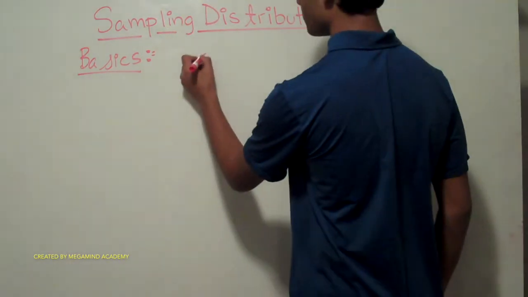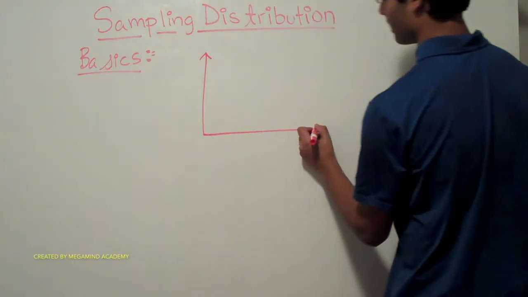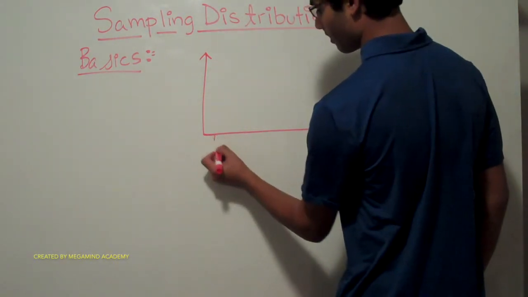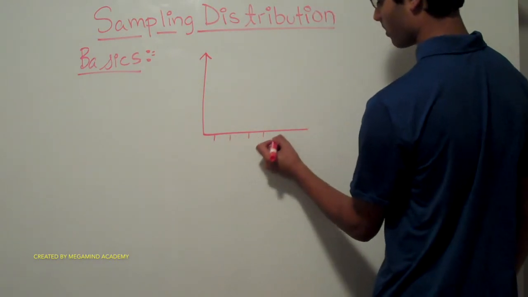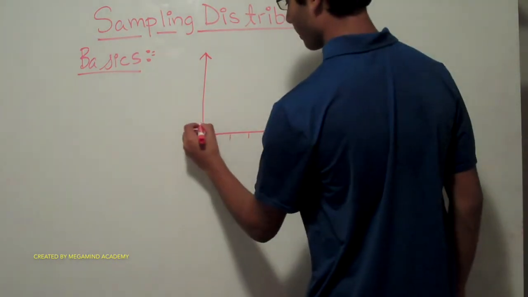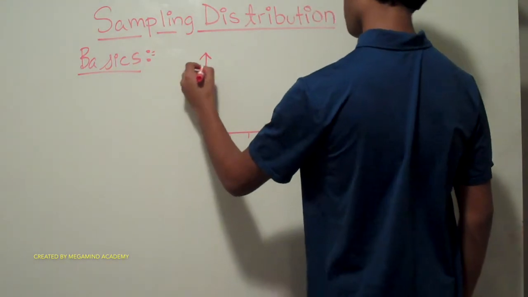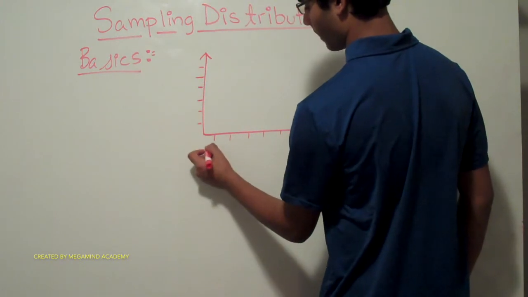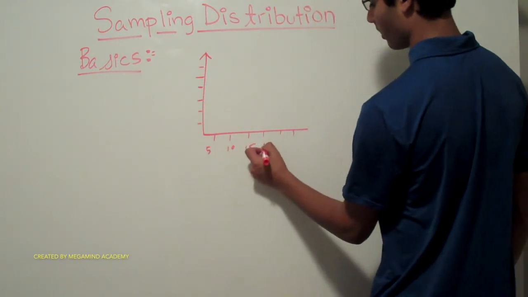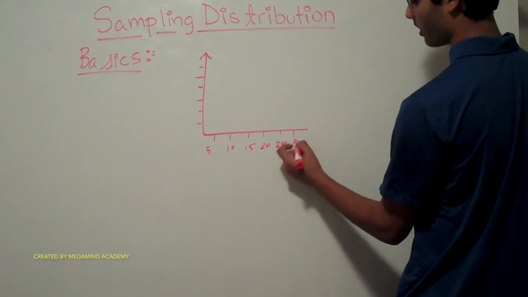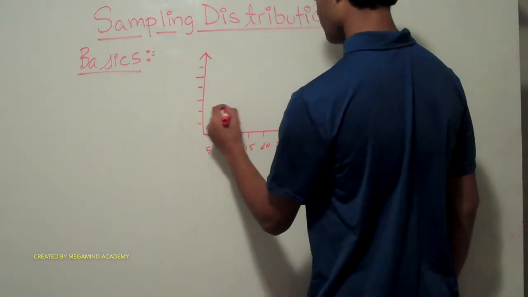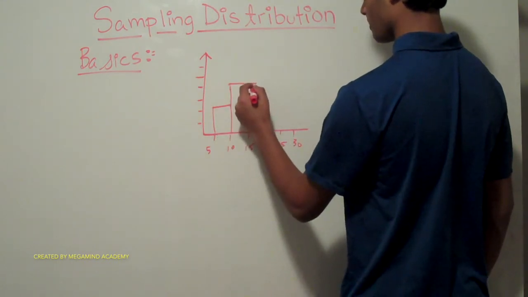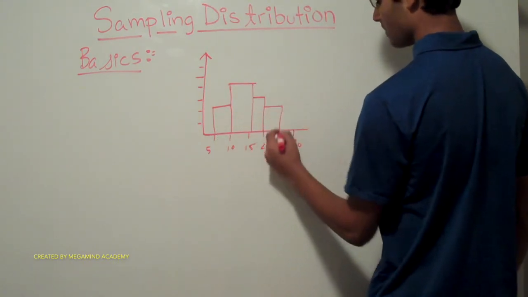So in a sample distribution, let's say you have a histogram. You would have your little bars and your values, let's say 5 to 10 to 15 to 20 to 25 to 30. And these would be the individual values that you got.